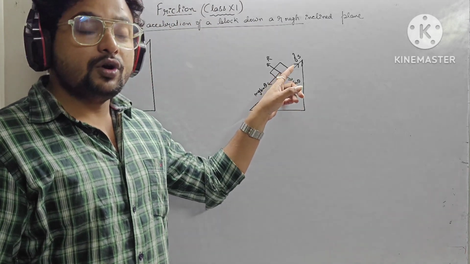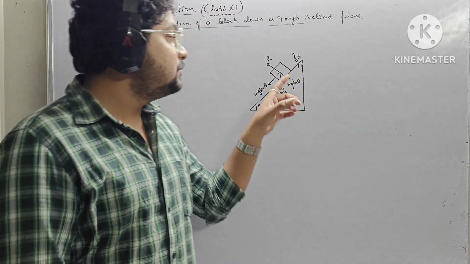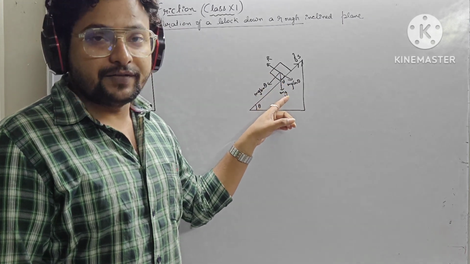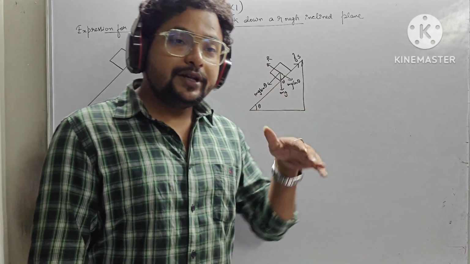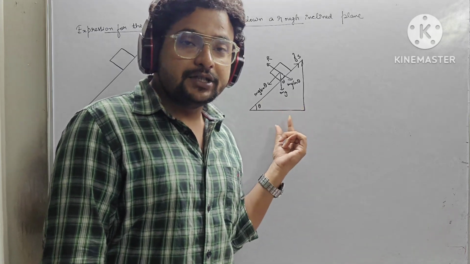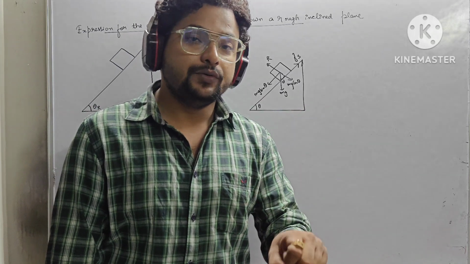So friction will always try to stop the relative motion between the block and the inclined plane. Initially, for whatever angle of inclination, the block is not just going to easily slide down.